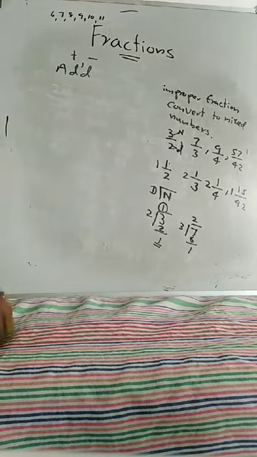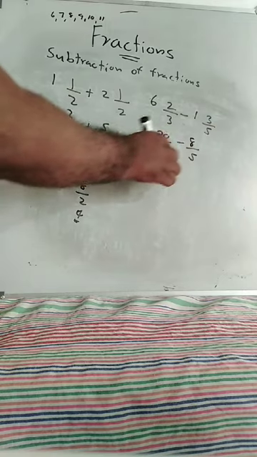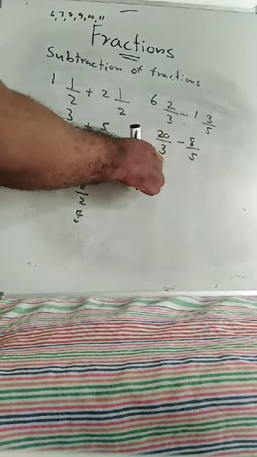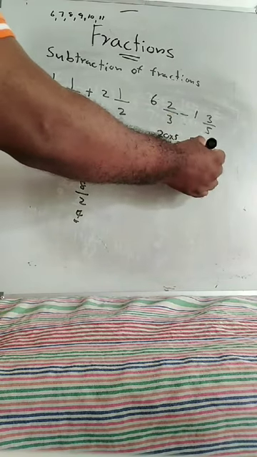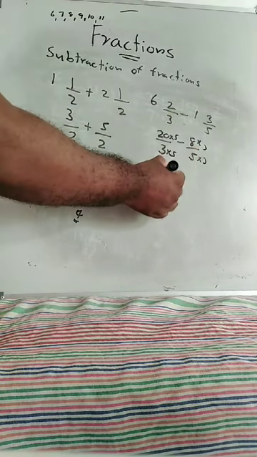Another one. 6, 2 upon 3 minus 1, 3 upon 5. Mixed numbers, no? Convert into improper fractions. 3 into 6, 18 plus 2, 20. Minus, denominator is 5. 5 into 1, 5 plus 3, 8. Now denominators are unequal. Multiply to make 15. This must multiply by 5. This should multiply by 3. 3 times 5, 15.